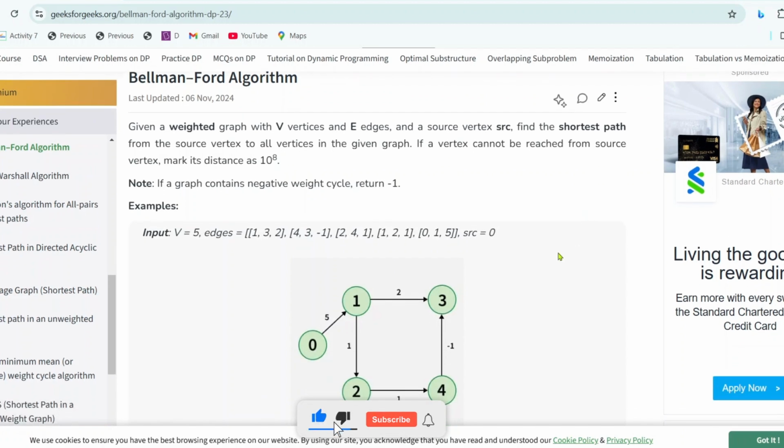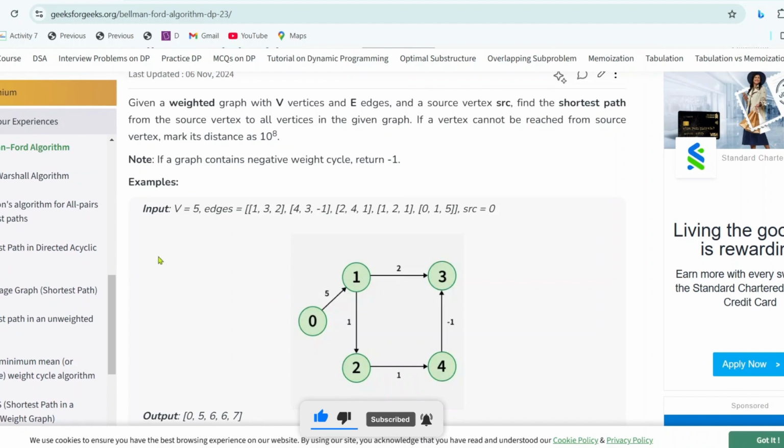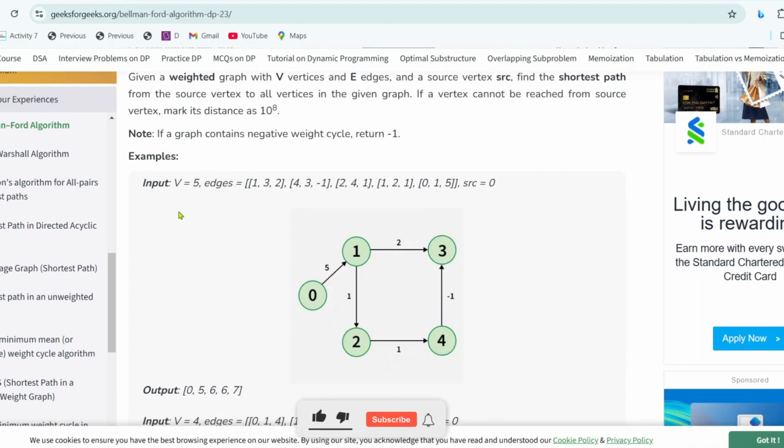Next, let's go into the question. For sample example 1, they have given 5 vertices 0, 1, 2, 3, 4 and the edges with their weights. That means 0 to 1 there is an edge with the weight of 5, 1 to 3 there is an edge with the weight of 2, and 1 to 2 there is an edge with the weight of 1.